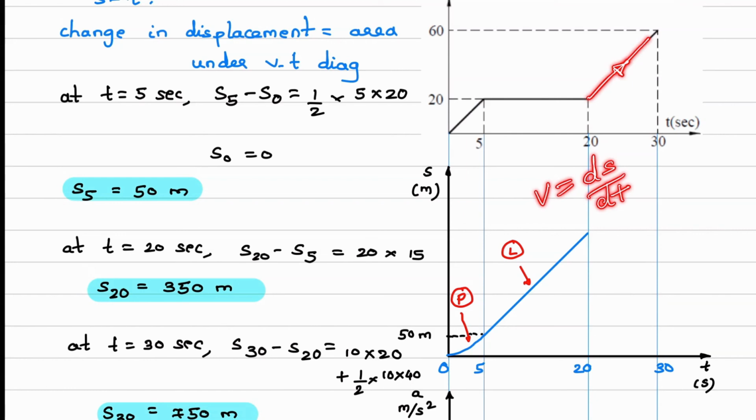Velocity is increasing, so slope of ST diagram should increase, and velocity is positive, so slope should increase in a positive way. So curve will be like this. Now here you should understand that this should be smooth. It is not like a sharp bend, then a line like this. Okay, it is smooth. So we'll draw the last part.